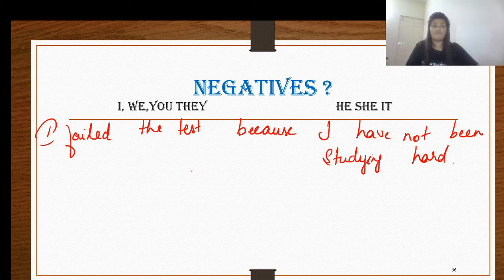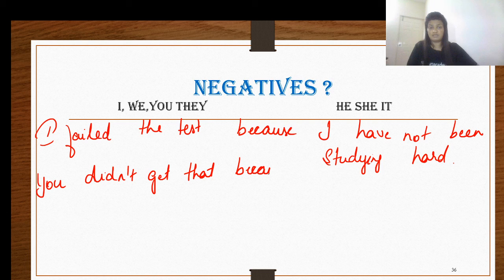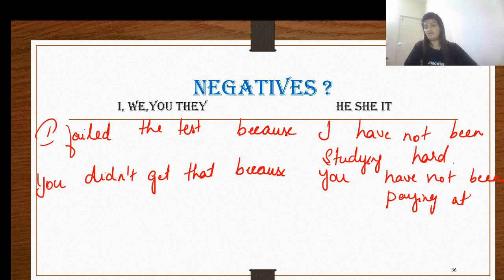Negating the point. I failed the test because I have not been studying hard. Next one is you didn't get that. Why? Because you have not, or you haven't been paying attention. You haven't been paying attention.